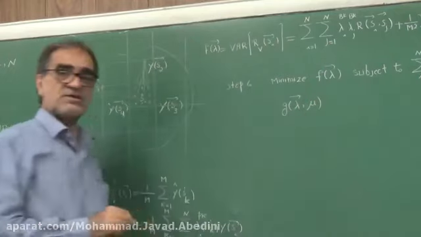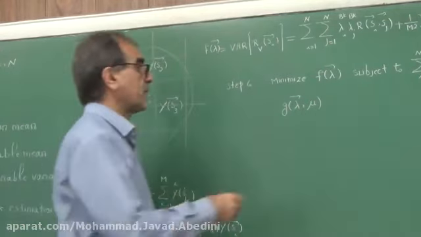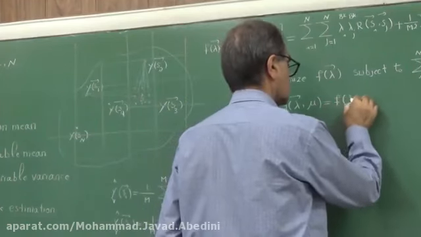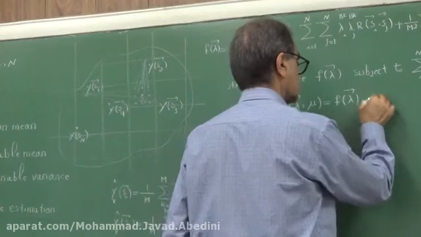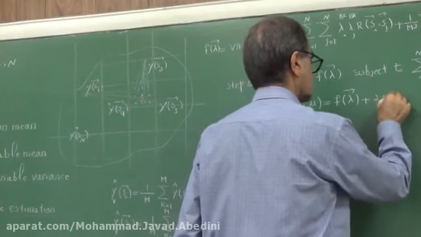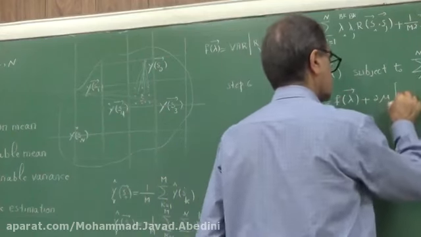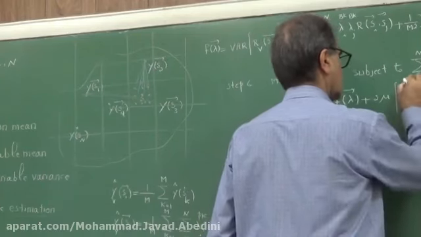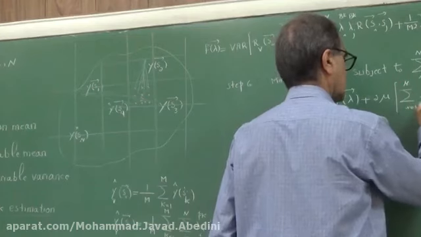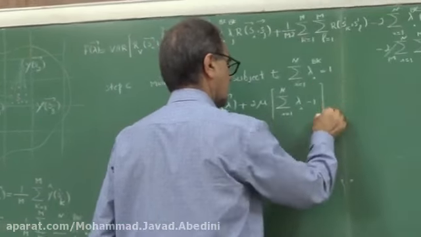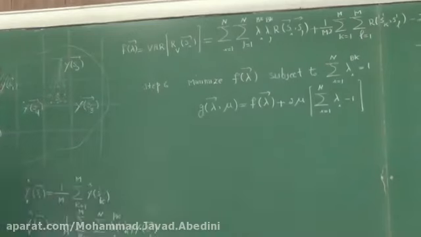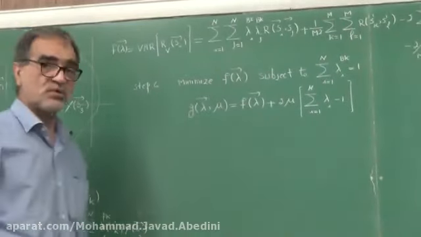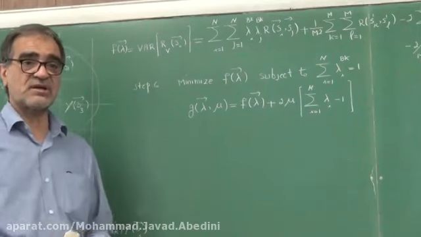And this is the Lagrange multiplier. That is how to cast your objective function so that it is no longer constrained.